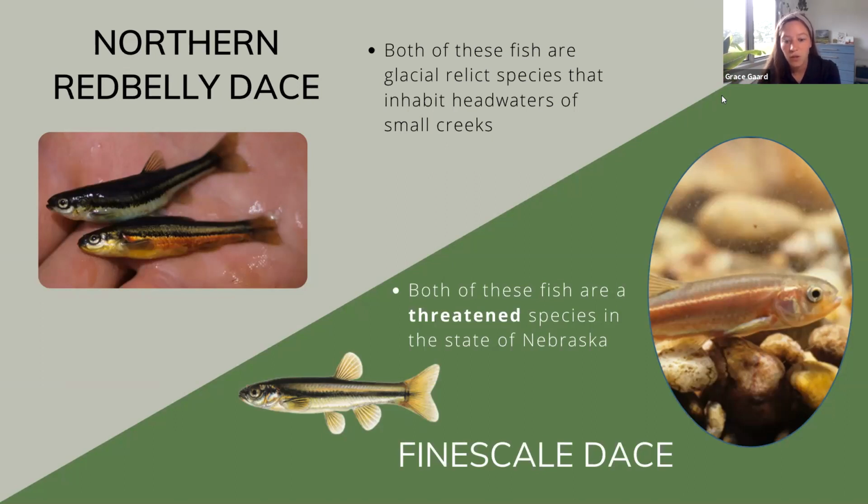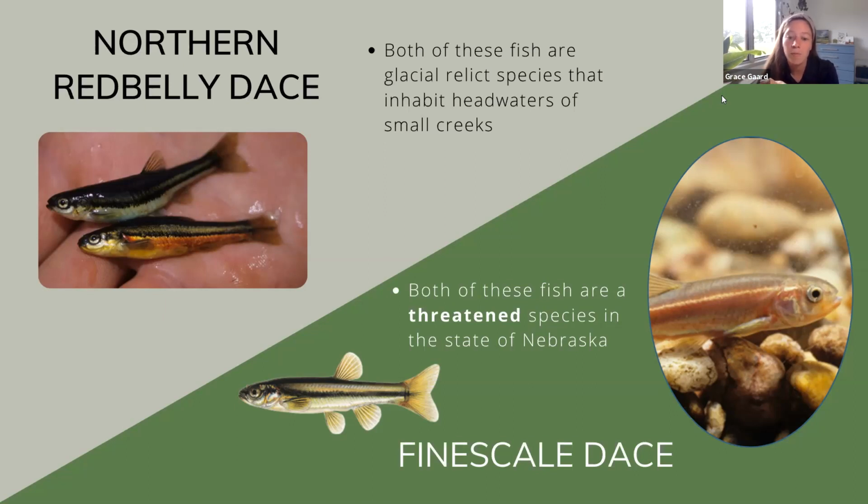And then the finescale dace is another small minnow species. These are called glacial relic species. They prefer colder water, and many of our cold water areas, like cold water streams or at least headwaters of small creeks, would be found in the Sandhills. It's important we don't forget about our fish.